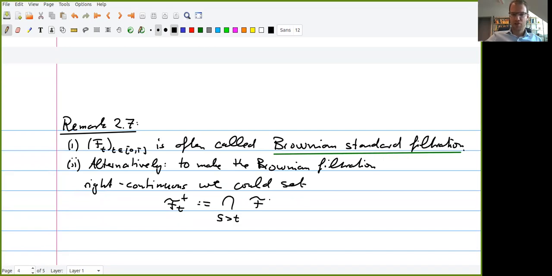So you take the natural filtration and take the intersection of all natural filtrations at time s strictly bigger than t. So this is by definition a right continuous filtration.